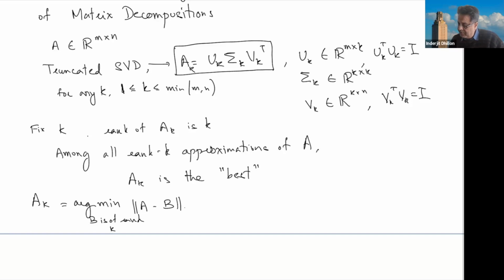And this is true in the 2 norm, and similarly, it is true in the Frobenius norm.